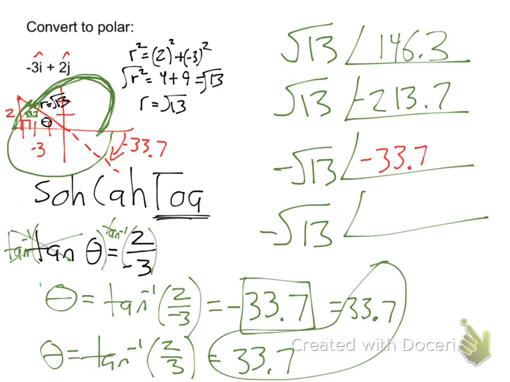And how do we know this? Because it's a vertical angle to theta, right? These are vertical angles. Vertical angles are congruent. We know that the other half of that angle, or part of that angle, is 33.7. So since they're vertical angles, they're the same.